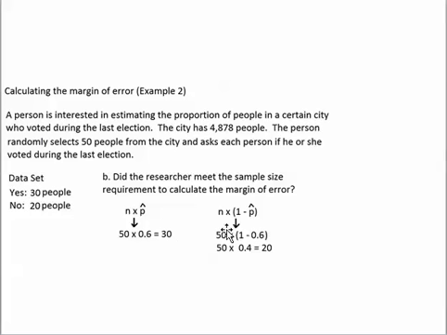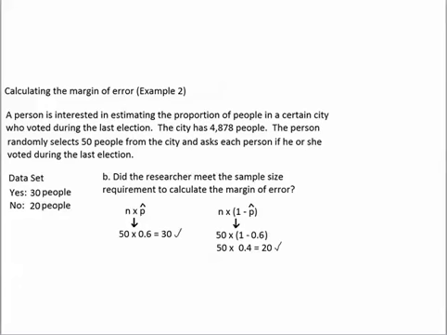So check this off. Now we do 50 times 1 minus p hat. 1 minus p hat is 1 minus 0.6, which is 0.4. 50 times 0.4 is 20, and 20 is 10 or bigger. So check this off also. So this is 10 or bigger. This is also 10 or bigger.